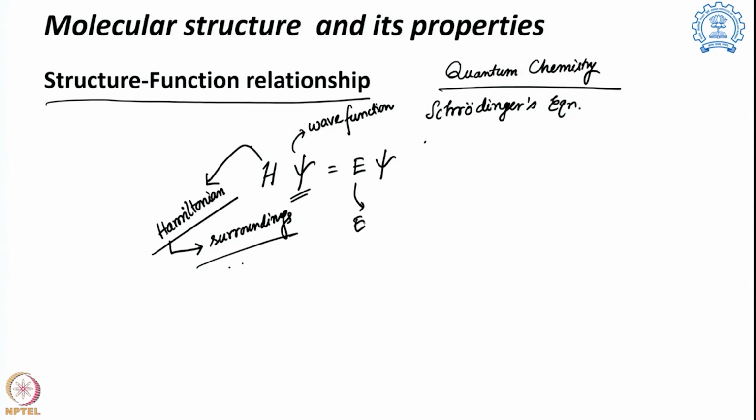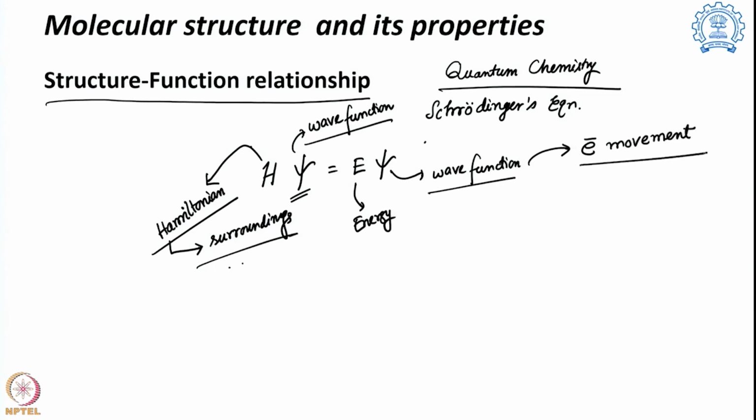E is quite obviously the energy, and psi is the wave function again. So, what does this wave function mean? Wave function means, when you are talking about an electronic system, how the electron is moving, the electron movement. If I want to define that with a mathematical expression, that is the wave function psi.